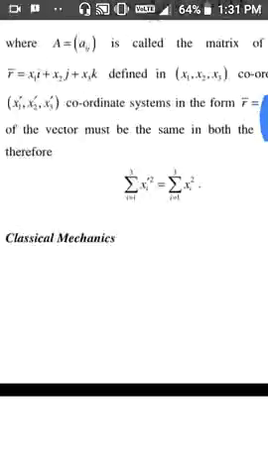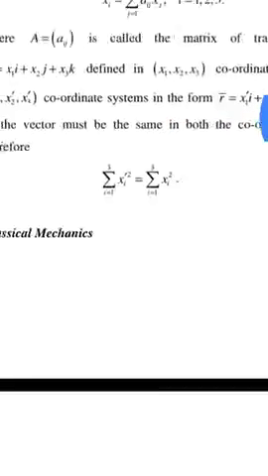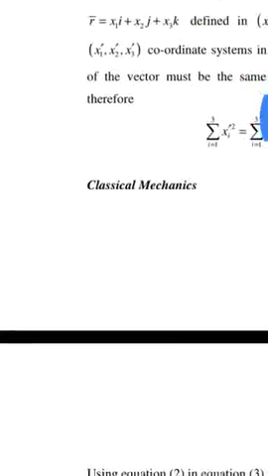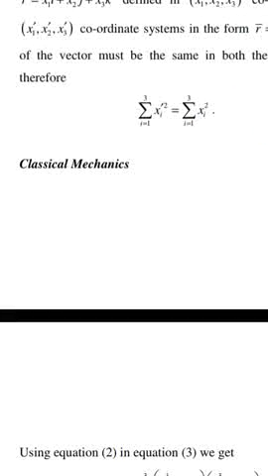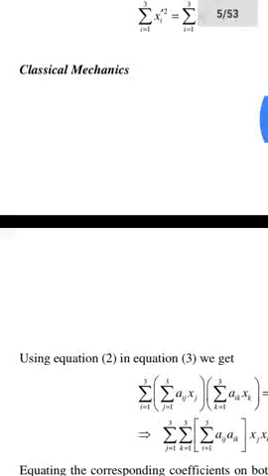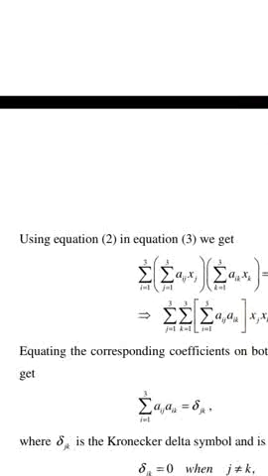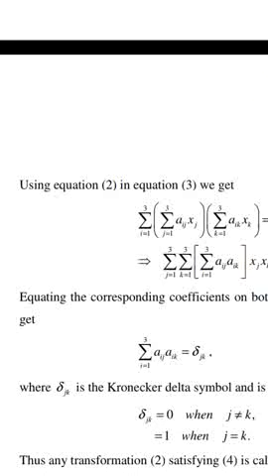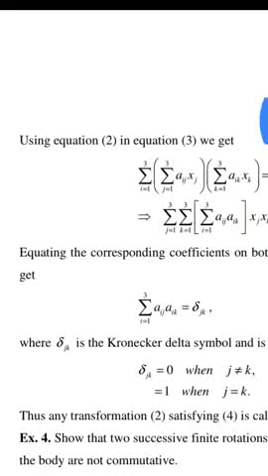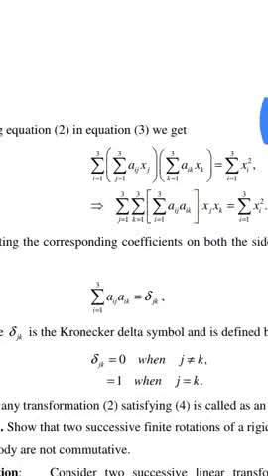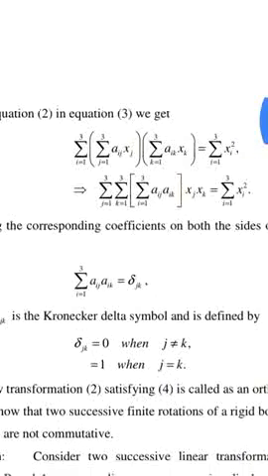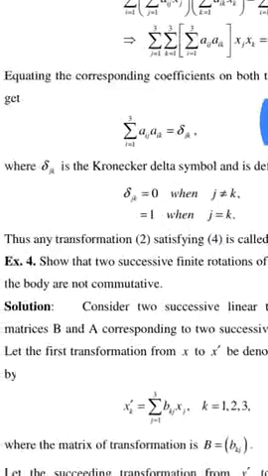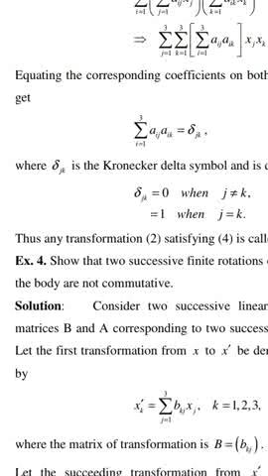Since the magnitude of the vector must be the same in both coordinate systems, we must have the summation of xi dash square equal to the summation of xi square. Using equation 2 in equation 3, we get the summation of a_ij xj a_ik xk equal to xi square, and this is called the delta symbol.